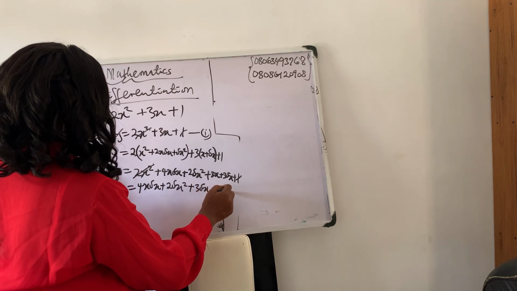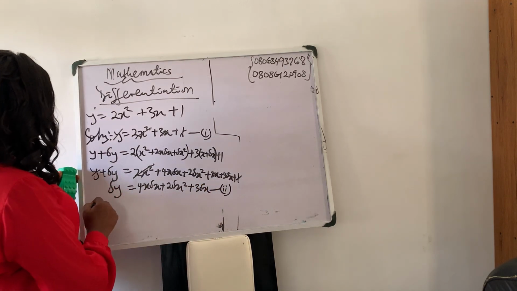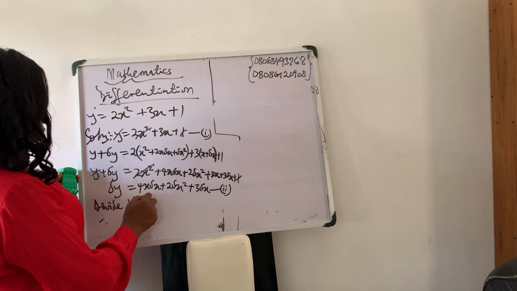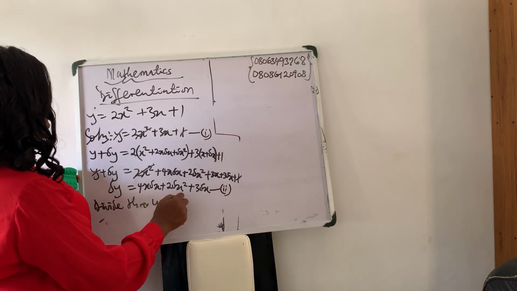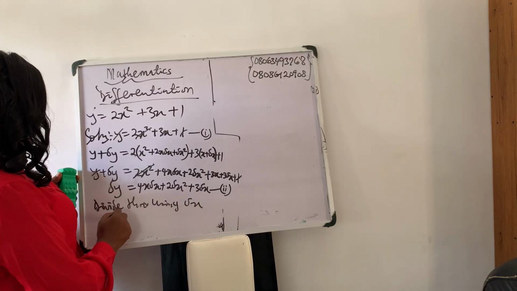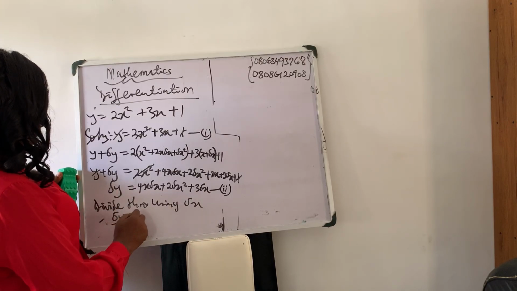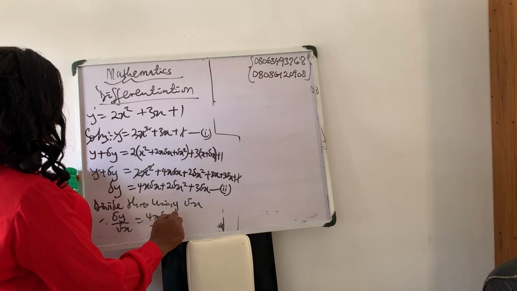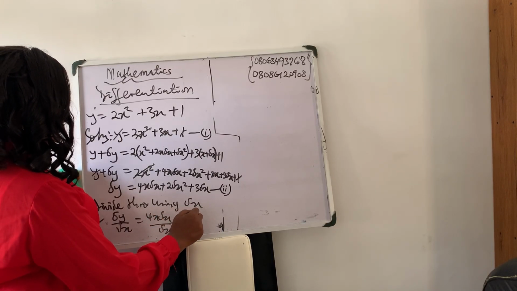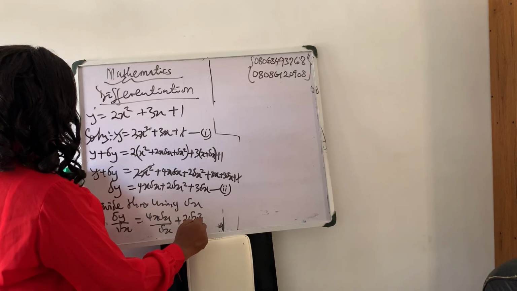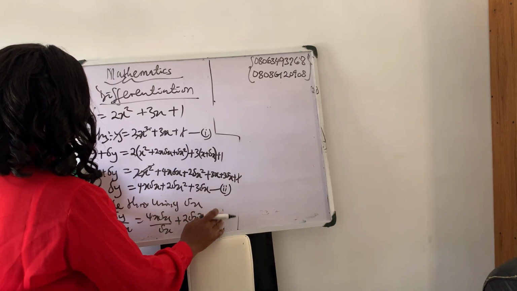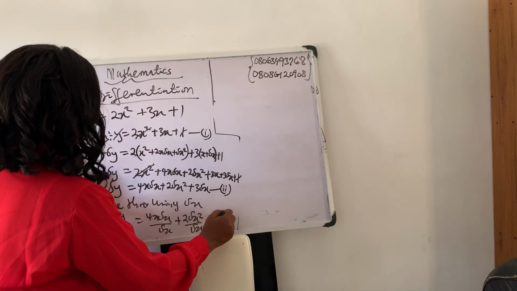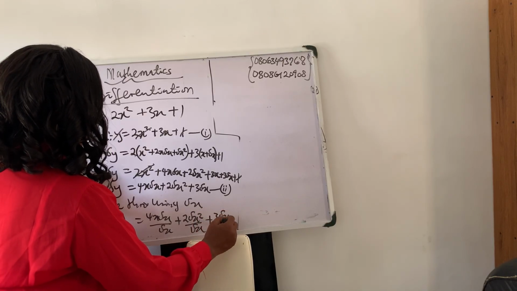We'll call it equation 2. At this point, you divide through by dx. It becomes dy/dx equal to 4x dx all over dx, plus 2 dx squared all over dx, plus 3 dx all over dx.